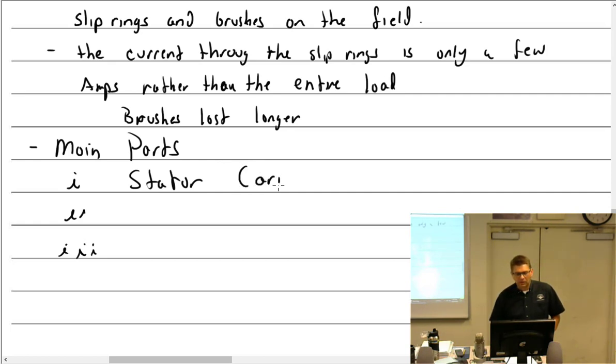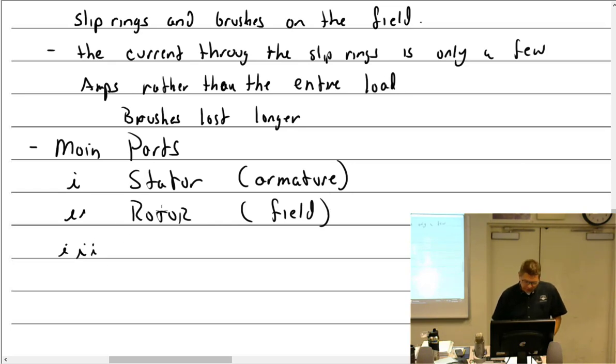Okay. And you know what the armature does. What else do we have? Also called the field. And we've got one other part in here that's kind of new: rectifier or diode assembly.